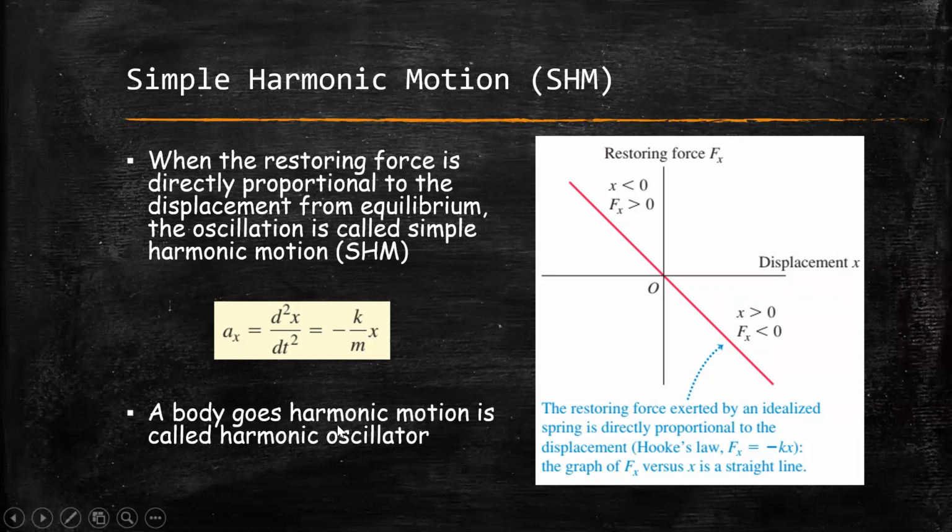A body that undergoes harmonic motion is called a harmonic oscillator. The minus sign here means that the acceleration and displacement always have opposite signs, or opposite directions, same with the force and the displacement. So acceleration is not constant. Don't ever think to use the constant acceleration equations that we have discussed in kinematics.